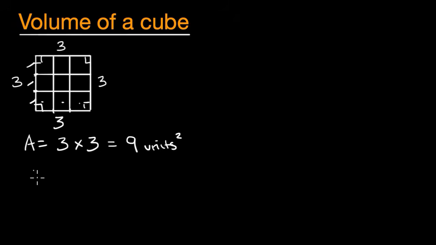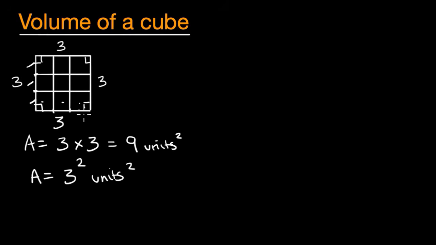Or you could say area is equal to 3 to the second power units squared. When you see something with an exponent of 2, people often say 3 squared. Why do they say that? Well, that's because that's how you find the area of a square.